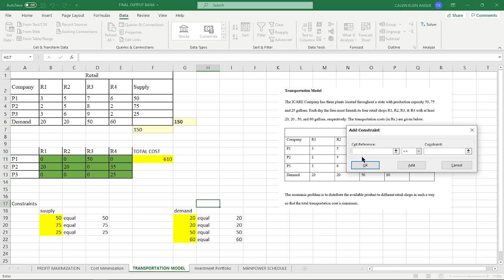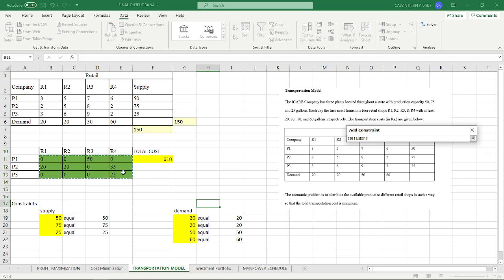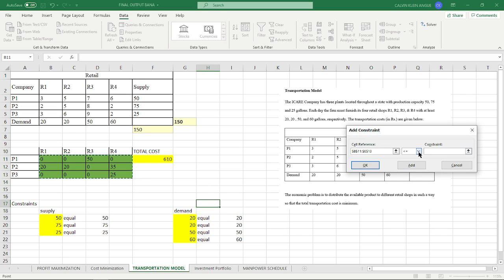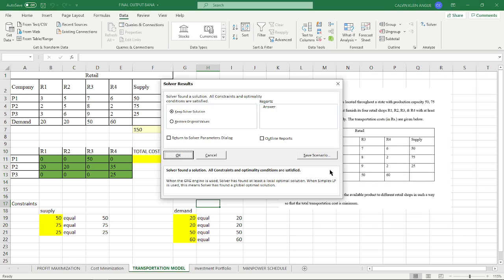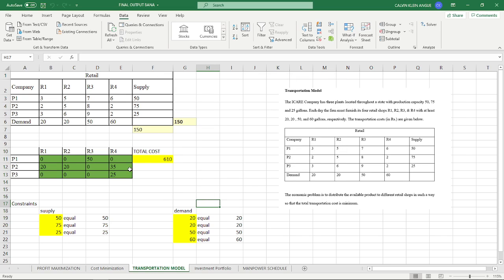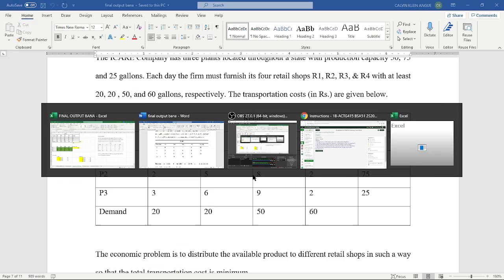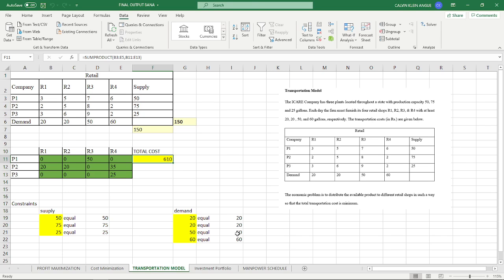Then click add again. Then this part. Then select integer. Then click OK. So we need to solve this. So there's no error. So press OK. You will get 610 as the total cost of the transportation.